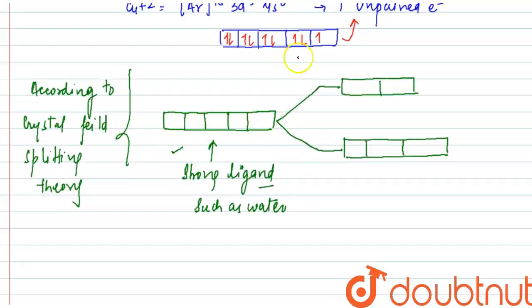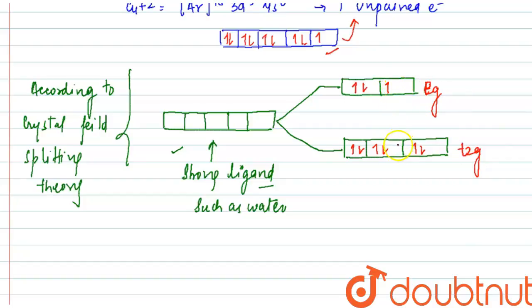Now d orbital here has a total of 9 electrons, so 9 electrons will be filled something like this. We have a total of 6 here, and a total of 3 for EG. So this is T2G and this is EG, right? Now here we can see that EG has 1 electron left.